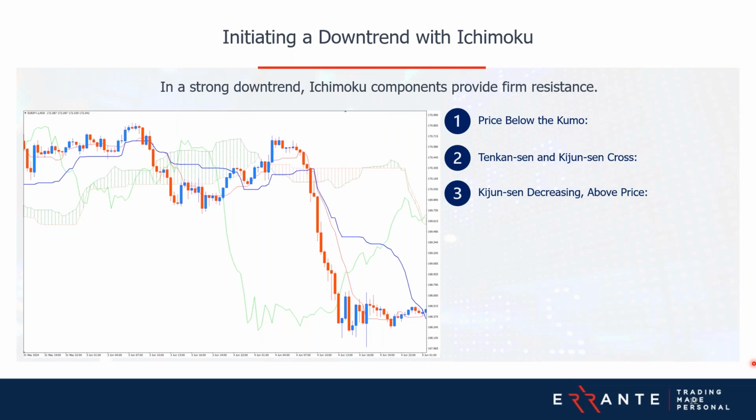So the Kijun-sen represents the medium-term trend. When it's above the price and decreasing, it indicates a strong resistance level, reinforcing the bearish sentiment and the continuation of the downtrend. And also the same for Senkou span A, moving below Senkou span B.